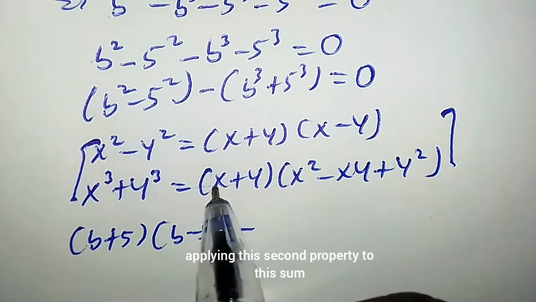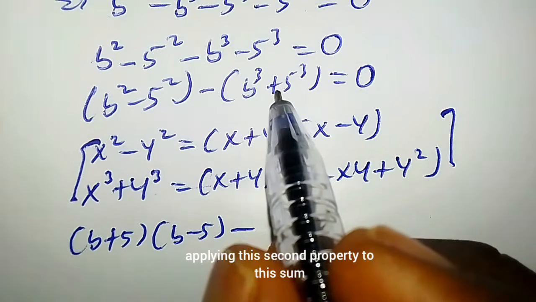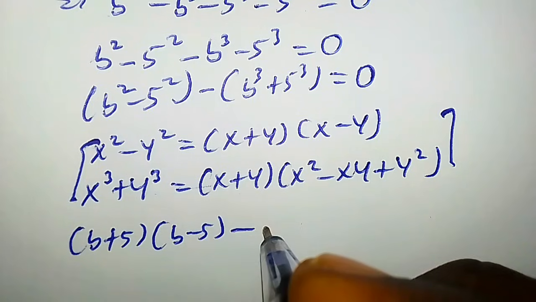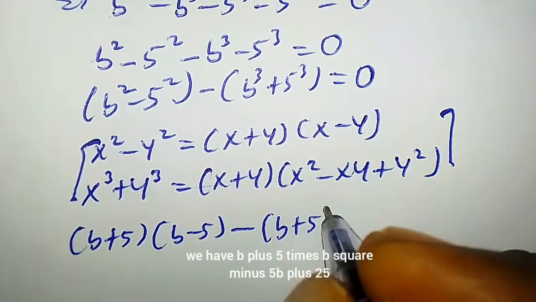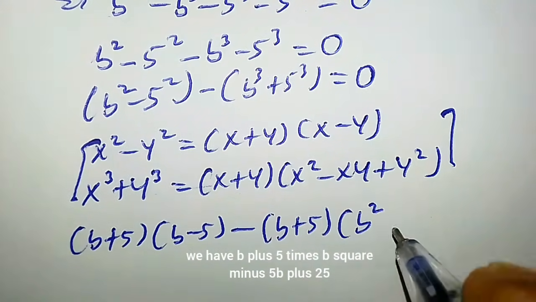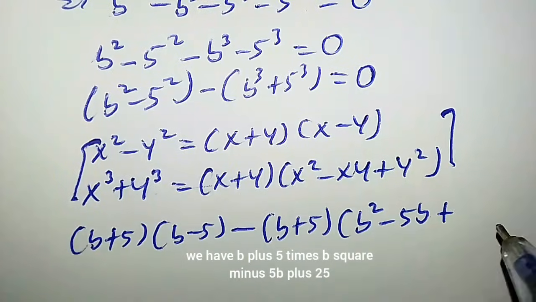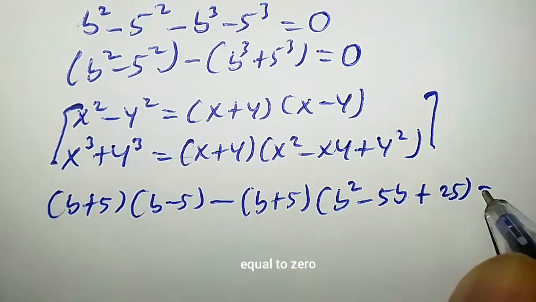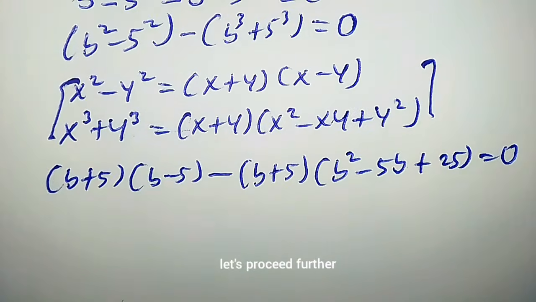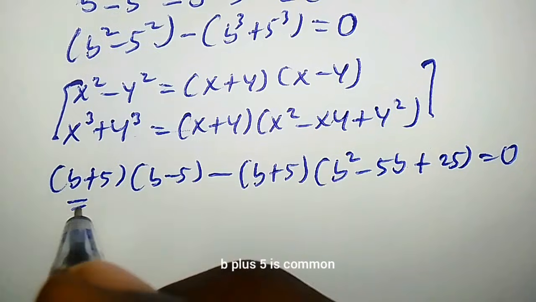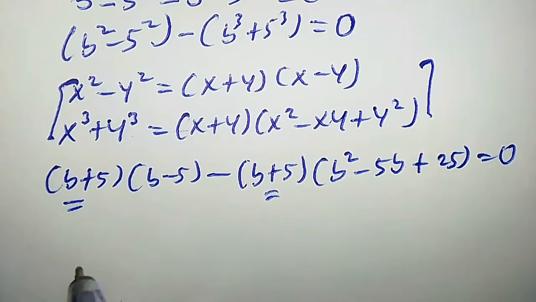Applying the second property to this sum, what do we have? We have b plus 5 times b squared minus 5b plus 25 equal to 0. Let's proceed further. You will observe that b plus 5 is common. I can pull it out.